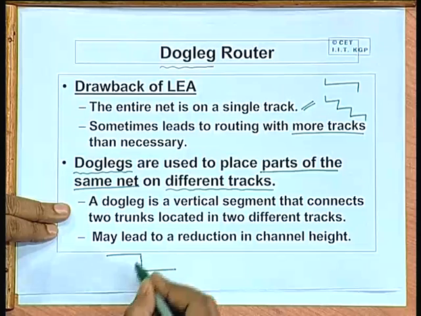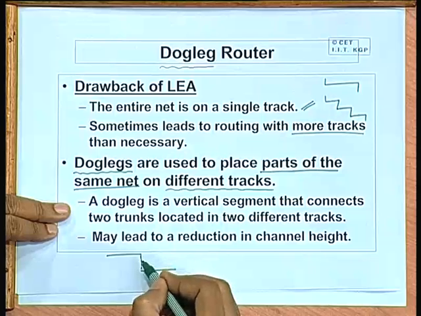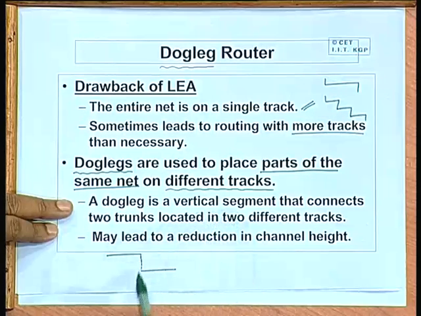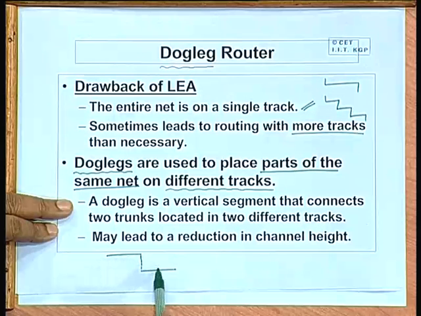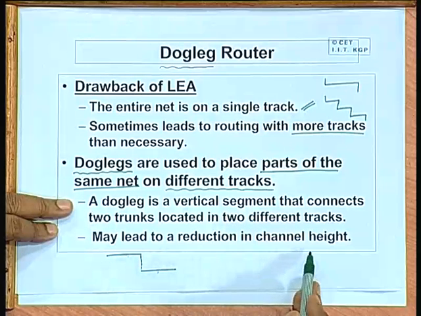These vertical segments are called the dogleg connections. Doglegs are the vertical segments of the wire which connect these two trunks located on two different tracks. We will see through an example that this may sometimes lead to a reduction in channel height, the total number of tracks you require to complete the routing.